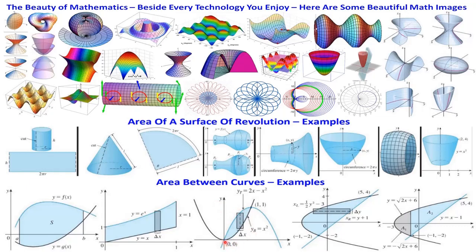Then this is the right curve minus the left curve, and you integrate this from minus 2 to 4. And here also you have the integration of the right curve minus the left curve, integrated from minus 2 to 4 again.